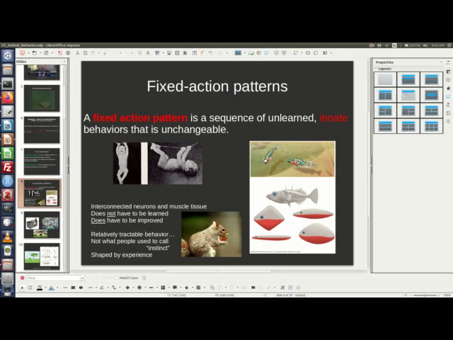When stickleback males are fertile and in mating mode, their bellies turn red. And so a stickleback who's protecting a nest, when he sees something with a red belly, attacks immediately. It's an innate, unlearned, born-with-it behavior, a fixed action pattern.